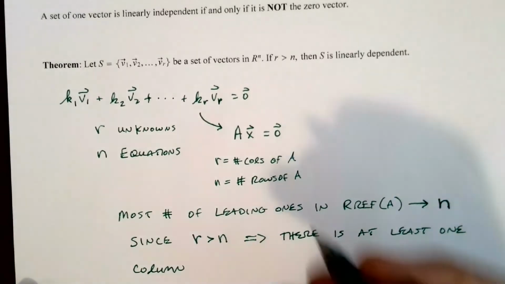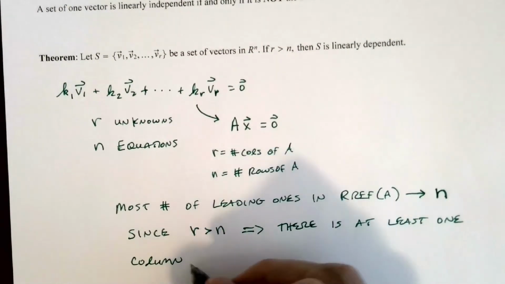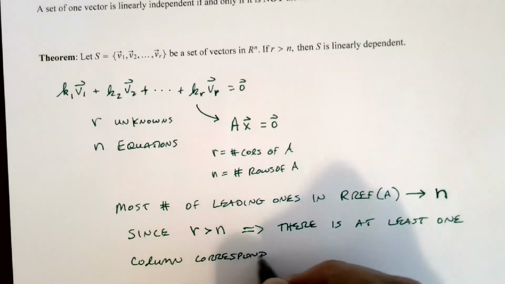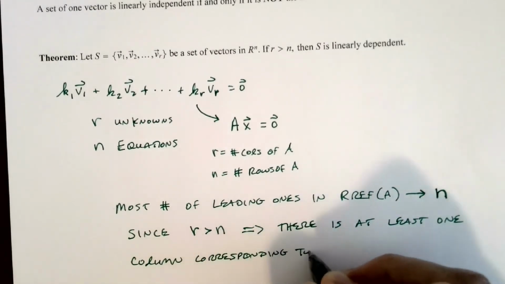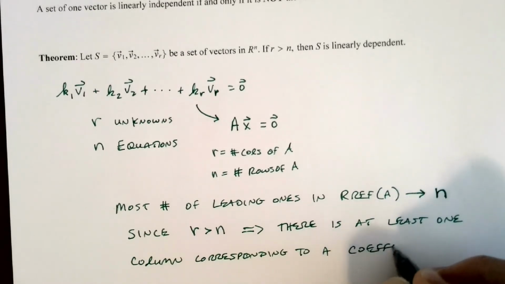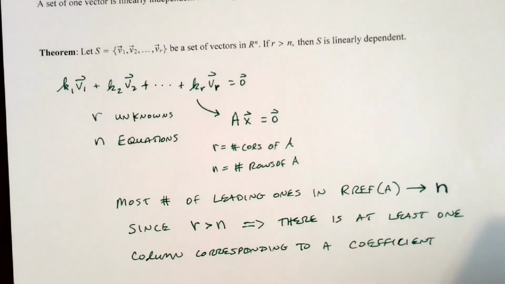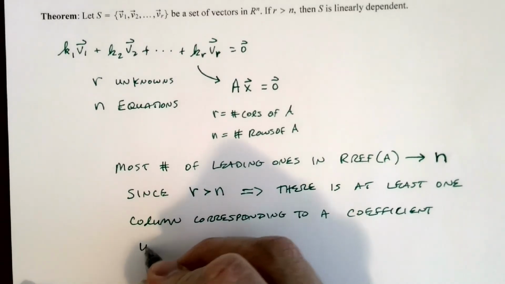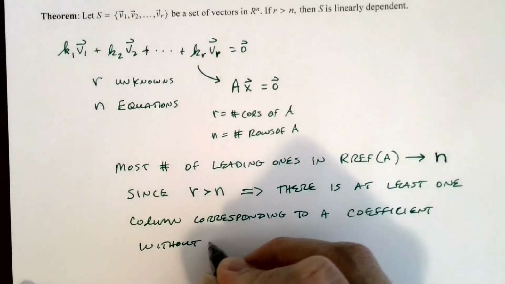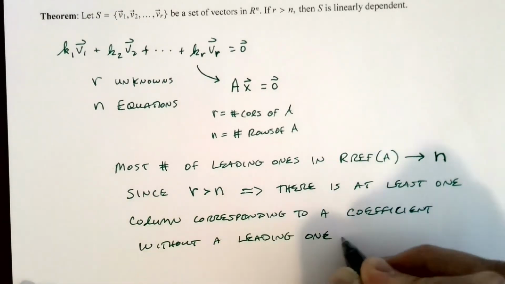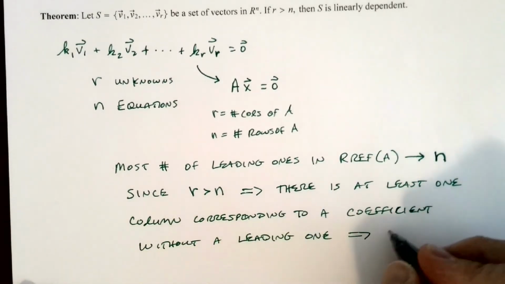Other than, of course, the last column, which has all the zeros, right? There's at least one column corresponding to a coefficient, to an unknown, without a leading 1. And therefore what?